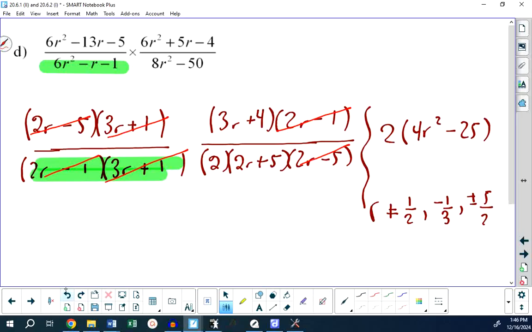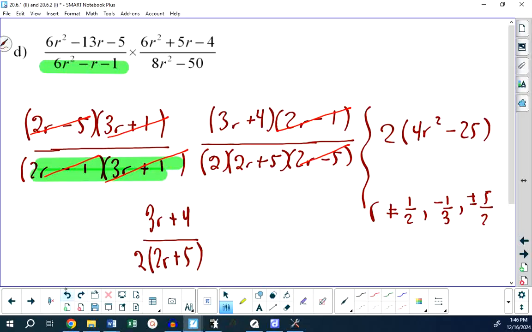You write down your answer and there's something you forgot to write. Like maybe you don't see that 2. Anyway, what I'm getting is 3r plus 4 over 2 multiplied by 2r plus 5. Yep, that's it.